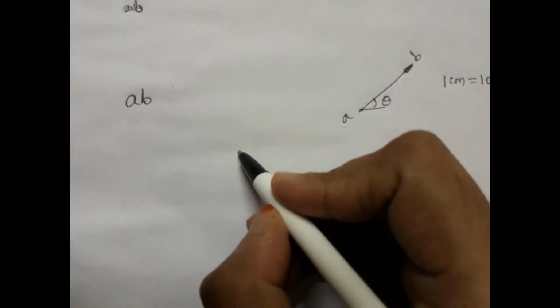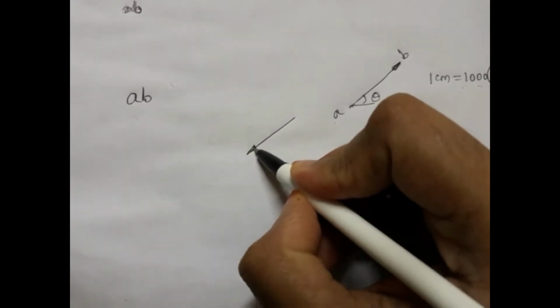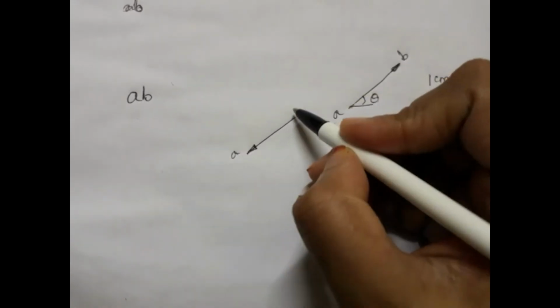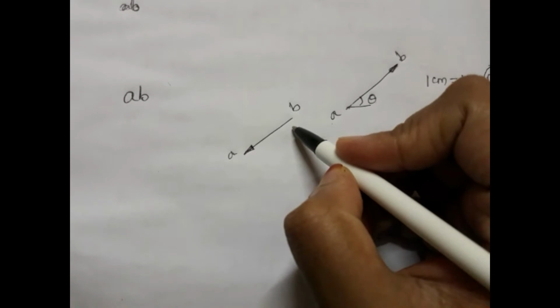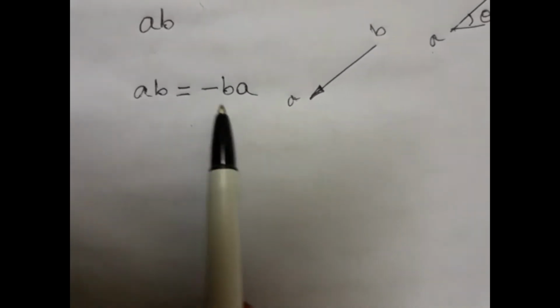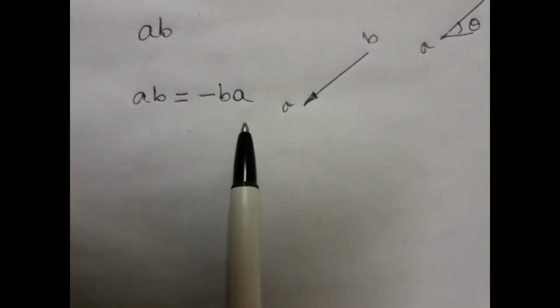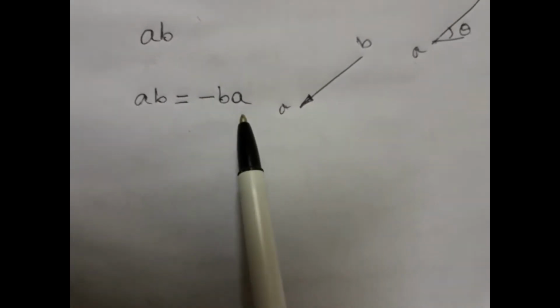In case the vector is in the opposite direction, then this is read as vector BA. So by the properties of vectors, AB vector can be written as minus BA, because AB to BA lengths, that is the magnitudes, are same but the direction is opposite.